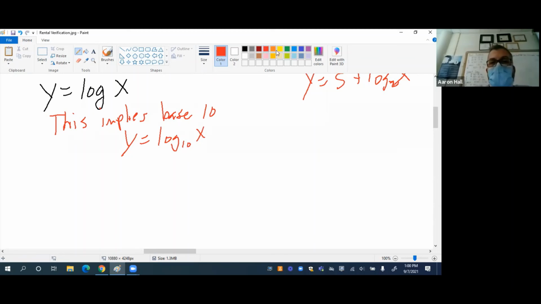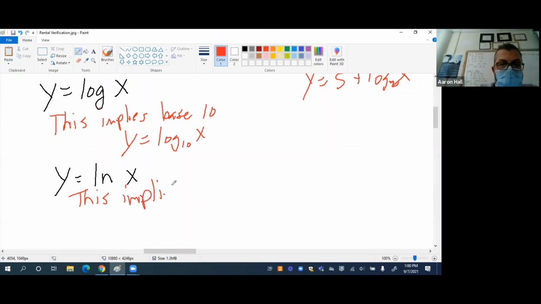What if I have y equals ln of x? This implies base e.